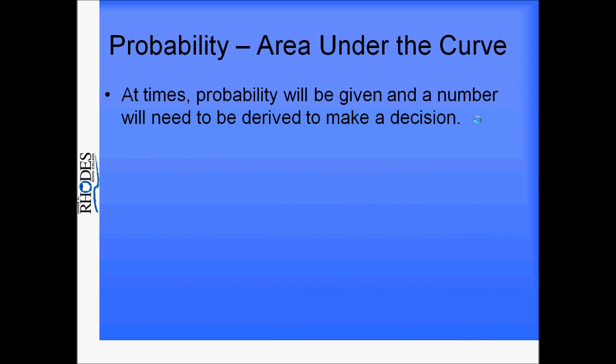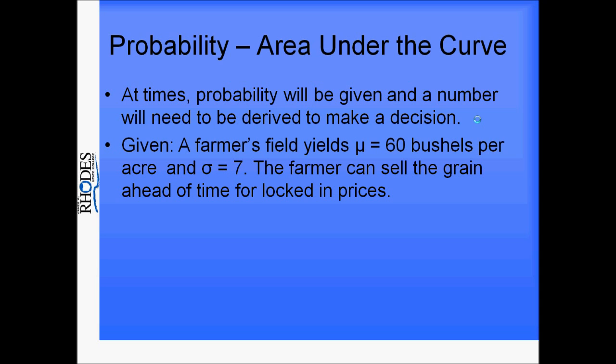Okay. Now what we're going to do is, sometimes we'll have a probability that we want in mind, but we need to figure out what the number is from that probability. And I'll give you an example. This is one that I always use with my dad. He's a farmer. A farmer's field will yield about 60 bushels per acre with a standard deviation of 7.